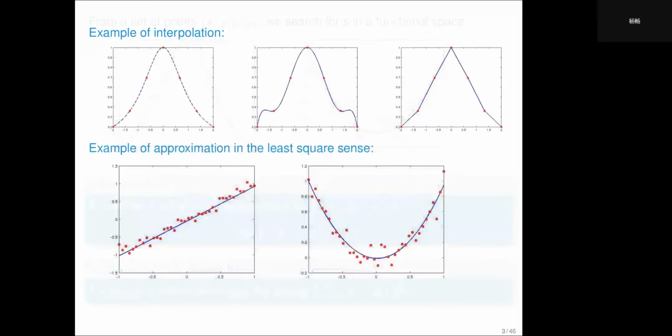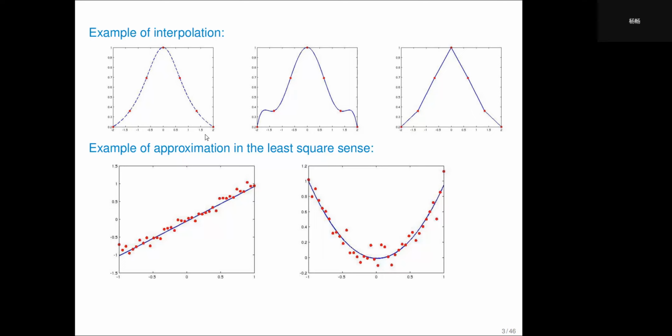You will see more examples from this page. From the top line, you see I have 7 red points, and I give you 3 figures, and these 3 figures have the exact same 7 points.